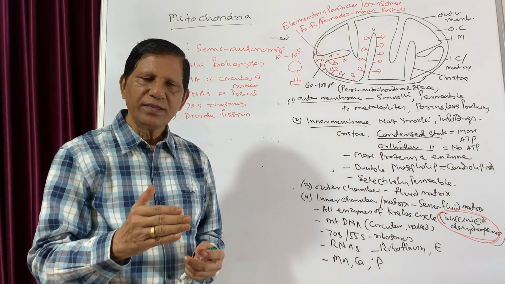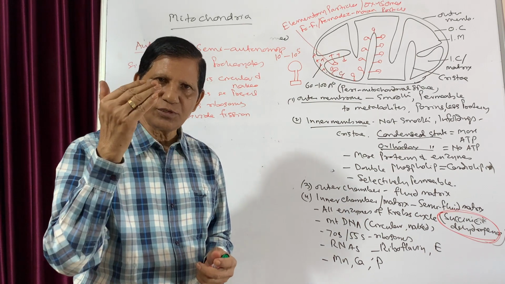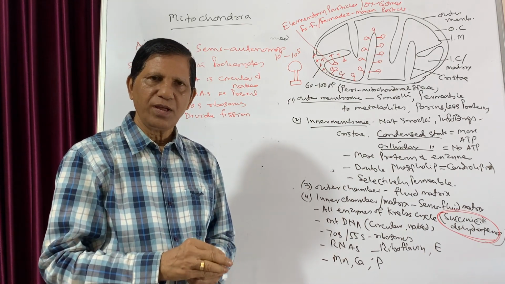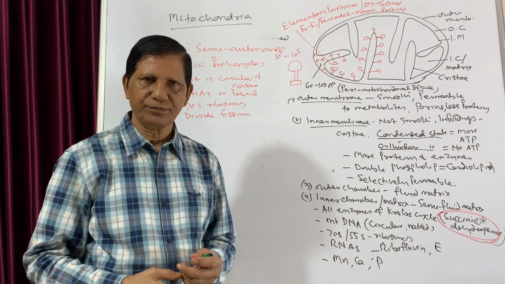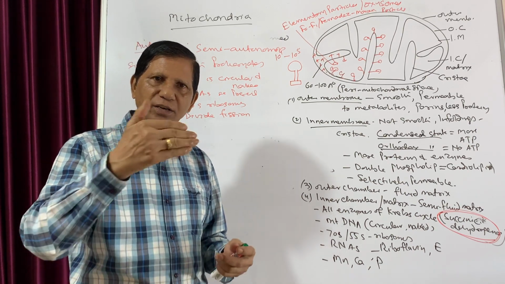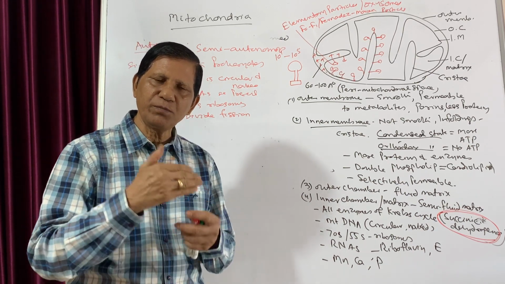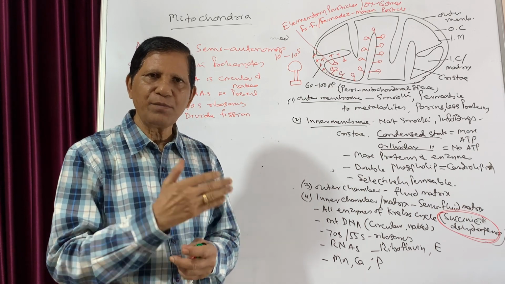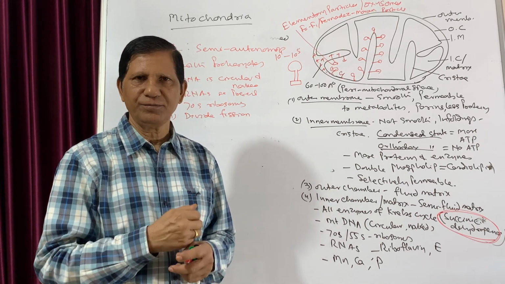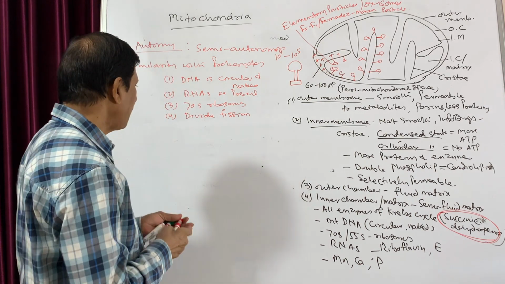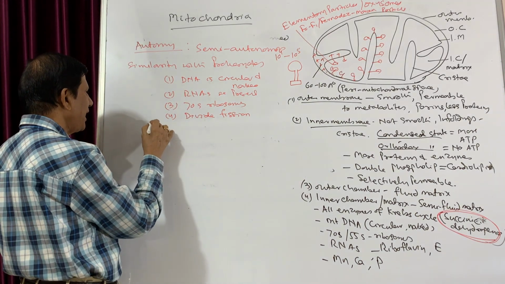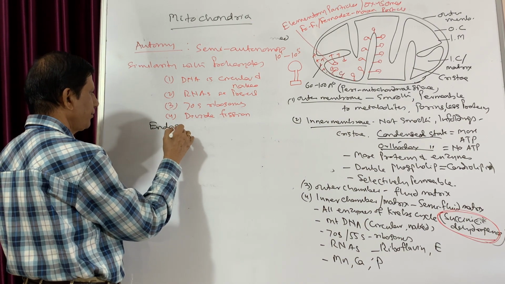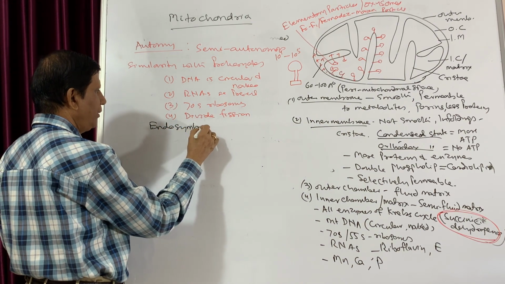That is why this led some scientists to suggest that mitochondria was earlier one prokaryotic cell, and somehow it entered into the eukaryotic cell for the purpose of symbiosis and permanently retained there. So the mitochondria can be called an endosymbiont.